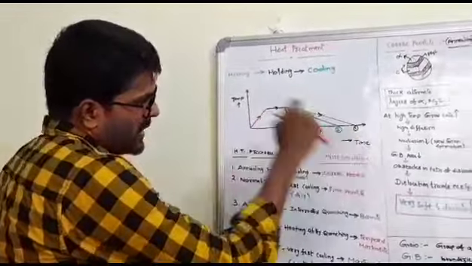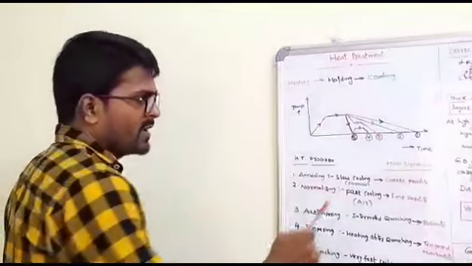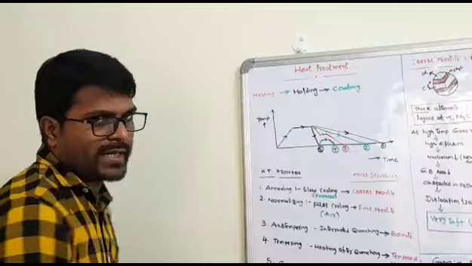process is annealing. This is a heat treatment process, and with this process we get some microstructure. Through the annealing process, that is heating and furnace cooling, that is slow cooling in the furnace, we will get coarse pearlite.